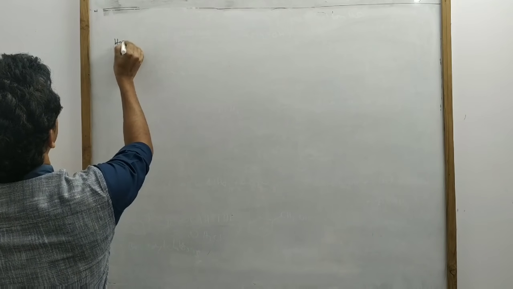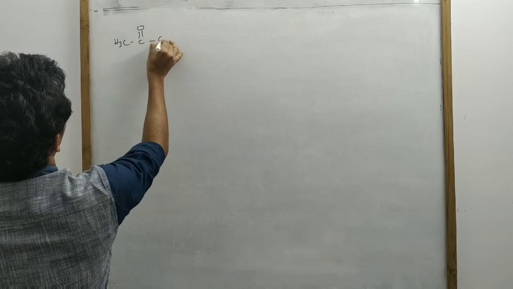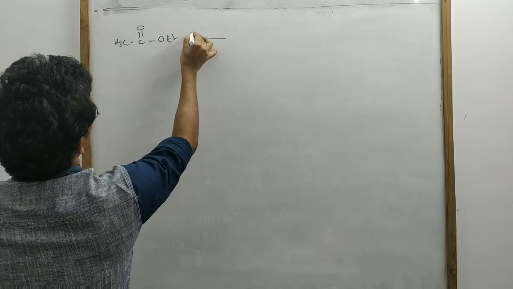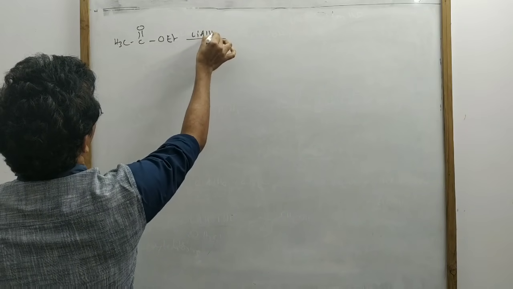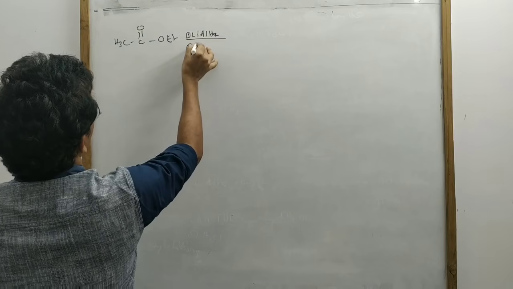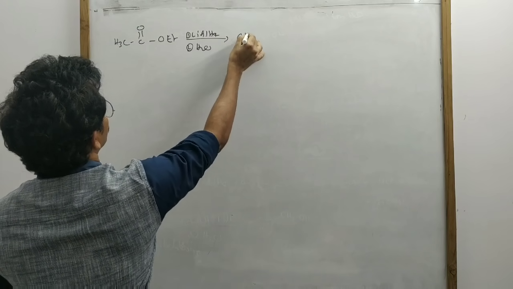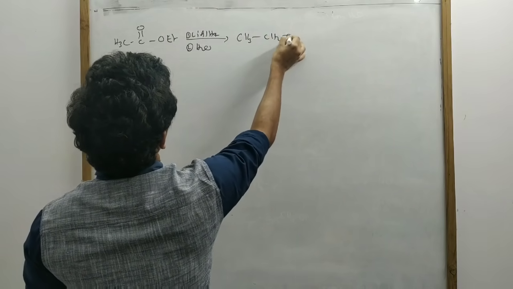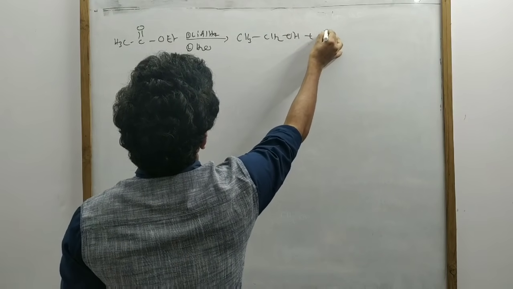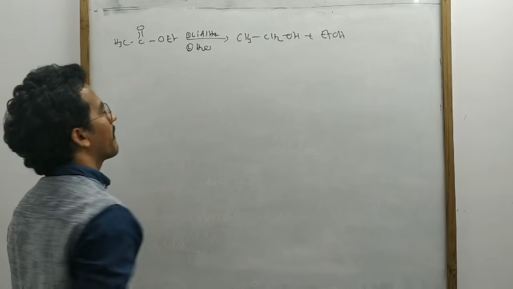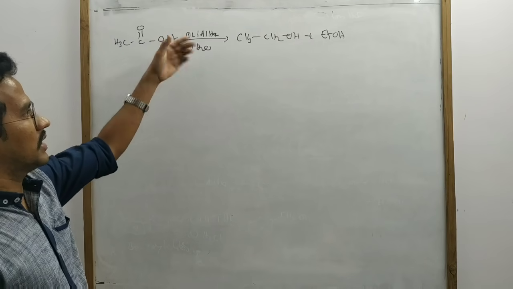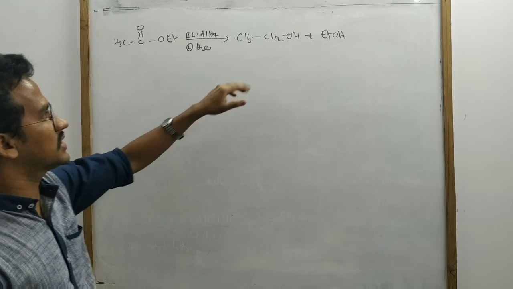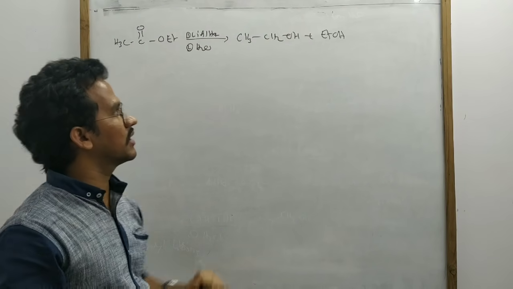Okay, now esters, CH3C double bond O, OEt. Reduction with LiAlH4, second step hydrolysis. So here CH3CH2OH plus EtOH. That's it. Okay, alcohol and ethyl alcohol. Of course, both are ethyl alcohol.